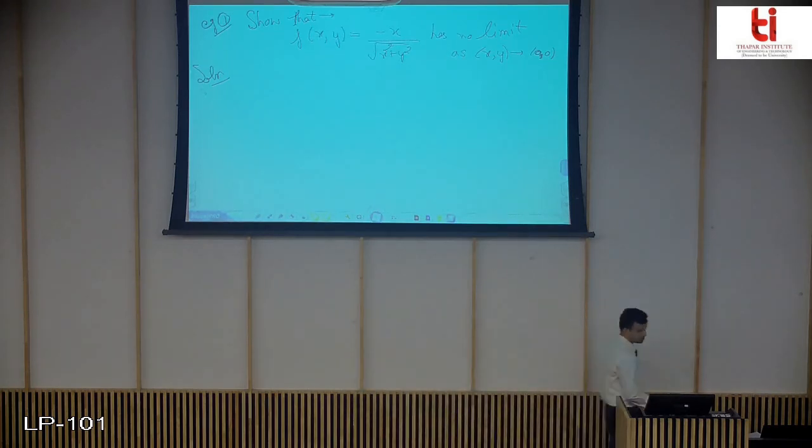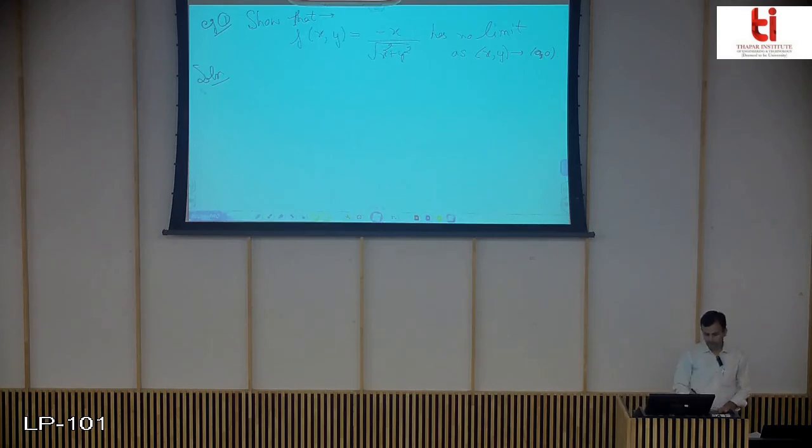No doubt we have the two-path test to check the non-existence of the limit. Remember this, students: the two-path test is used only for showing non-existence of the limit. We can't use this method for showing the existence of a limit, only for non-existence.